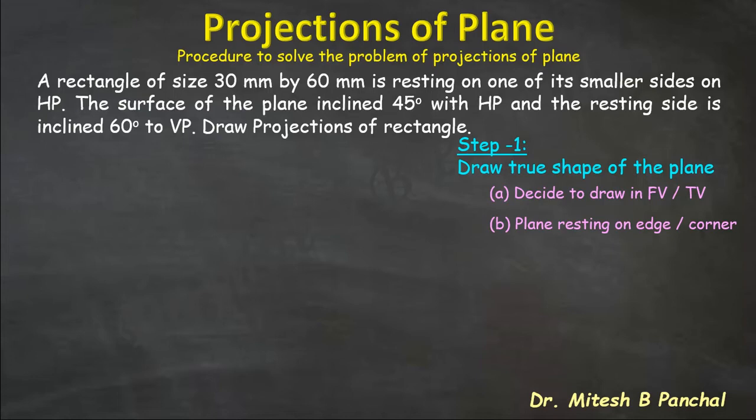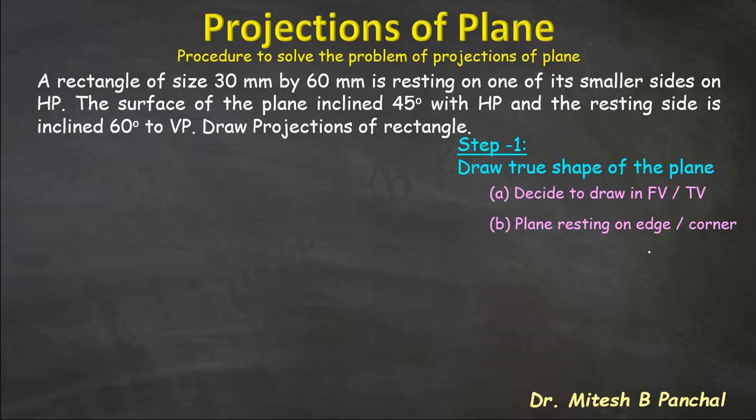That will be decided by considering whether the plane is resting on an edge or on a corner. In this particular data, if you read the first line, a rectangle of size 30 mm by 60 mm is resting on one of its smaller sides, meaning the rectangle is resting on its smaller side.